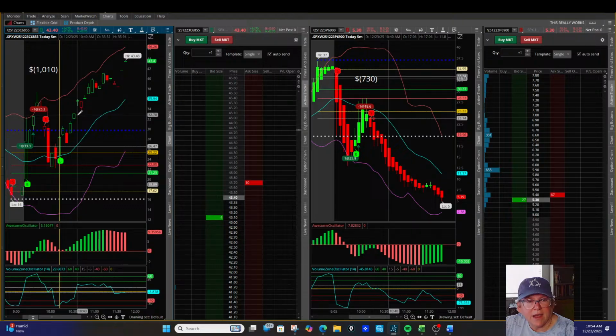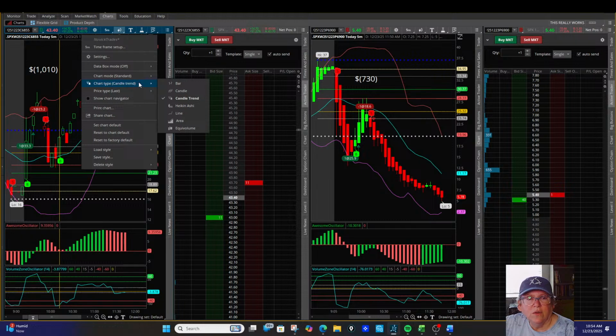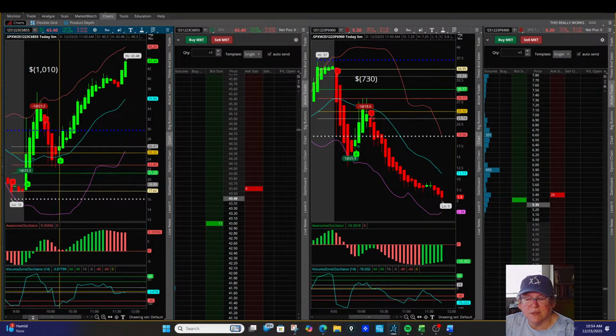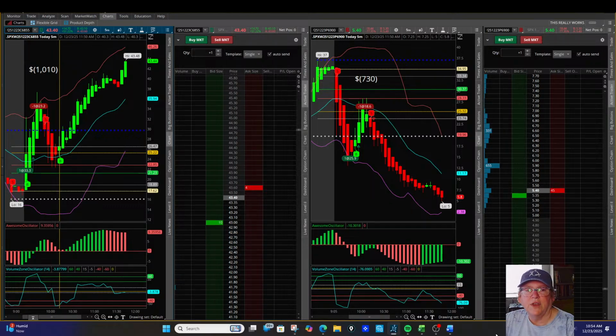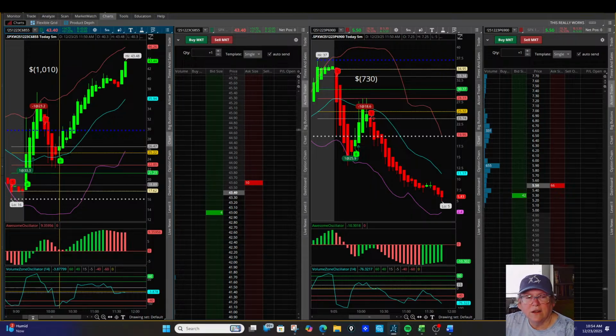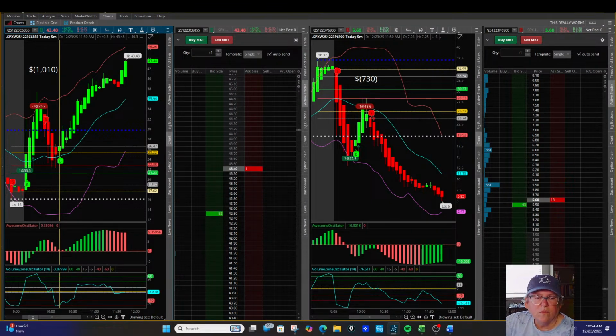It's very jagged. There's not really any smoothness to this line. But changing it over to Heikin Ashi, there's a smoothness, and plus I like the green bars shaded in. So to me, this chart is easier to look at, and Heikin Ashi is easier to look at because it is smoothed.